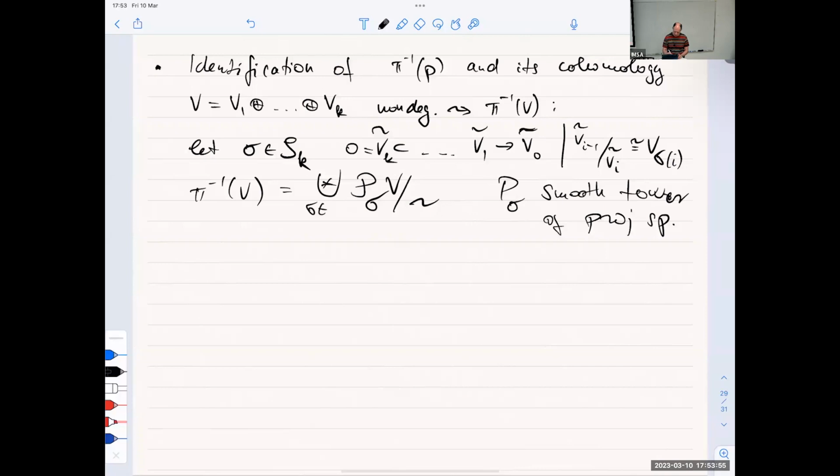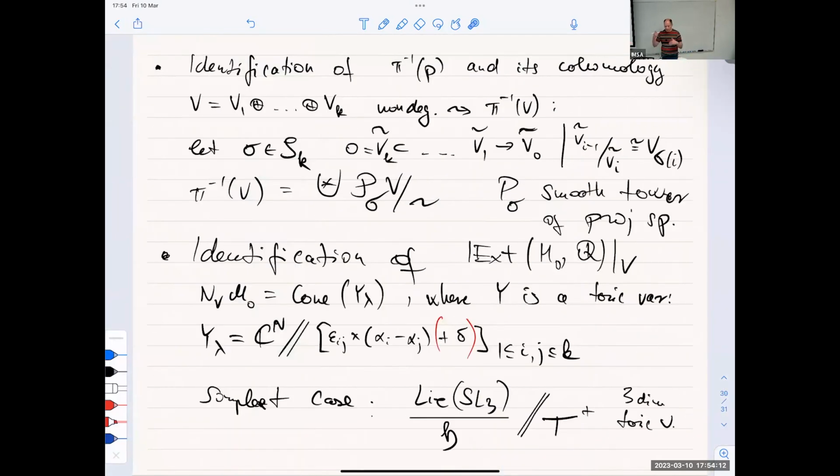Then you need to glue them together along certain subsets, which you need to follow, and that's the answer. So this is some geometric calculation you need to perform. And then the second part is to understand these local cones, as I said, these intermediate extensions.